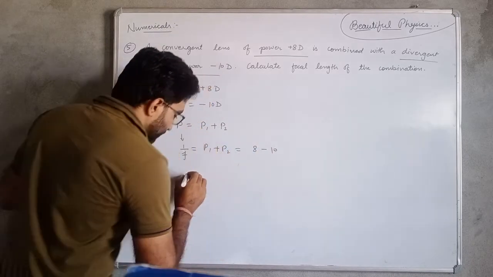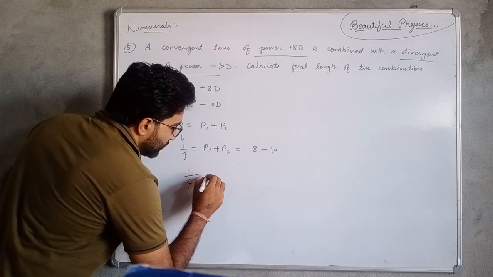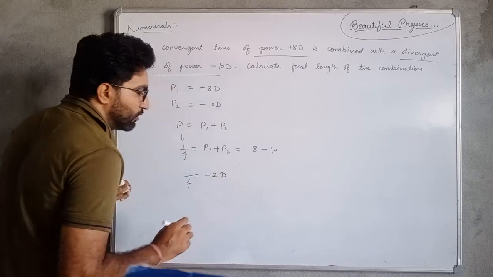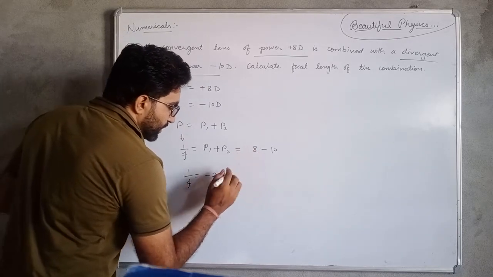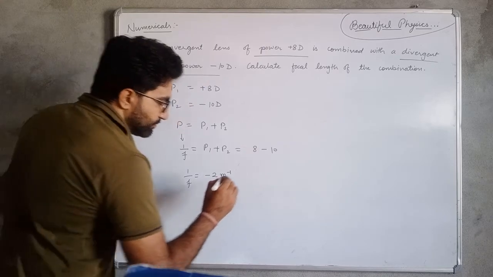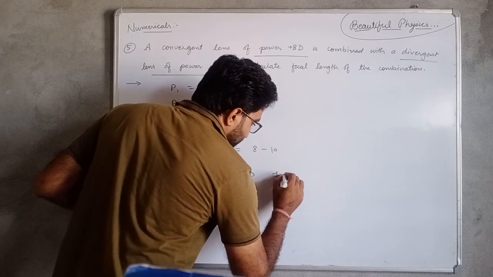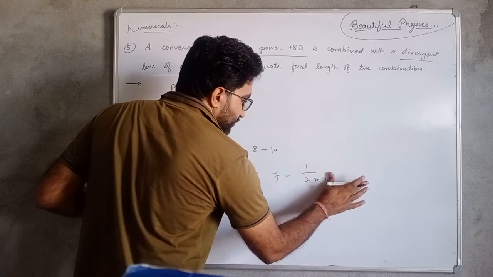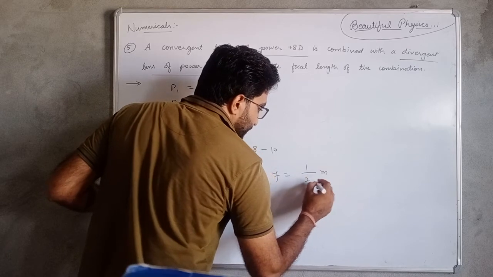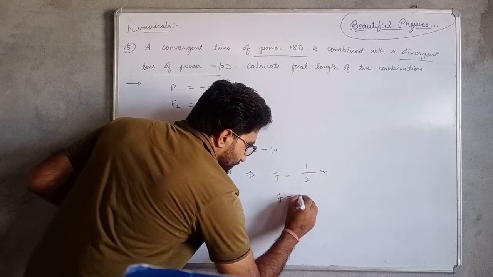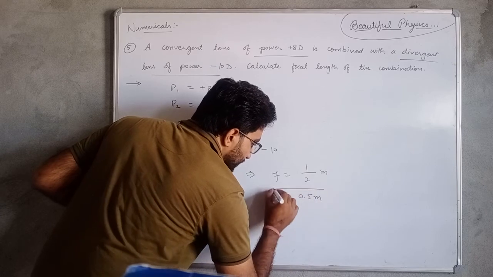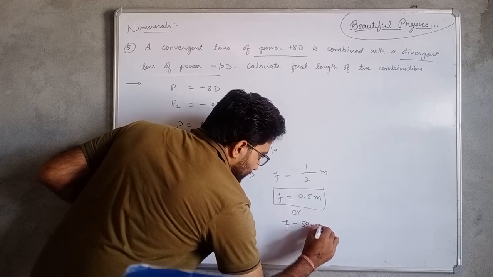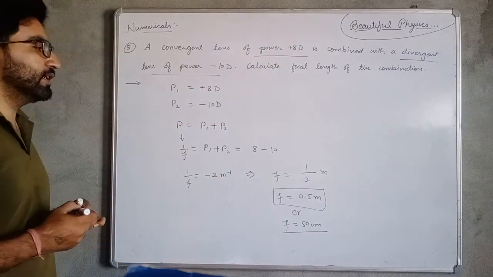So 1 by F is equals to minus 2 diopter, or minus 2 meter inverse, which implies the focal length will be equals to 1 by 2 meter inverse, and meter inverse when it goes upside it will become meter. 1 by 2 meter means 0.5 meter or 50 centimeter. Okay, so this will be the focal length of the combination.